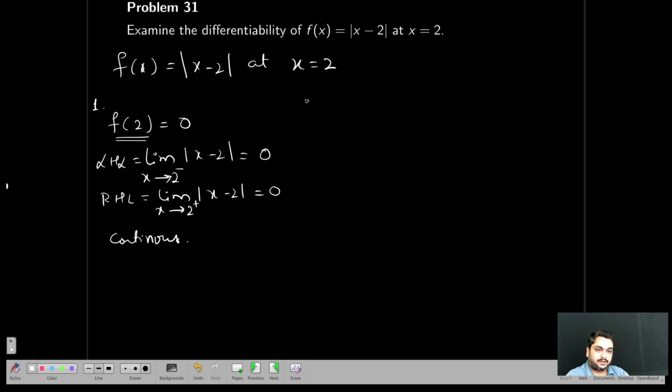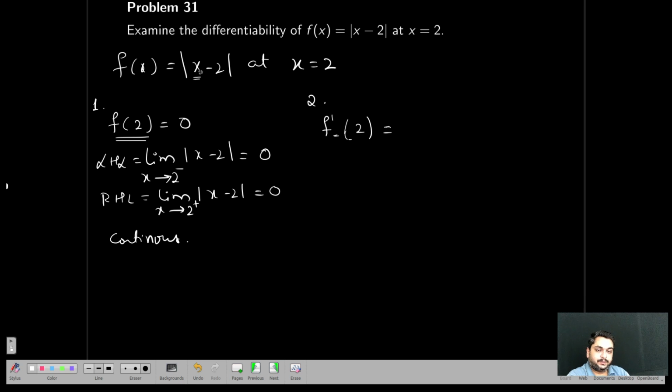Now, check the differentiability. F dash left hand derivative at 2. When I differentiate this, observe here. So x minus 2 means what? If I differentiate, see, x is approaching from left hand side.